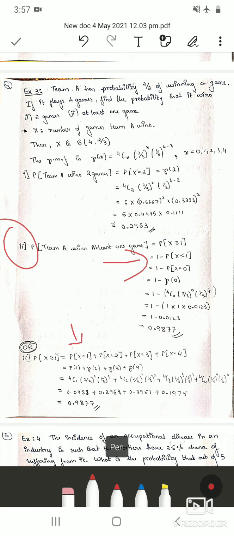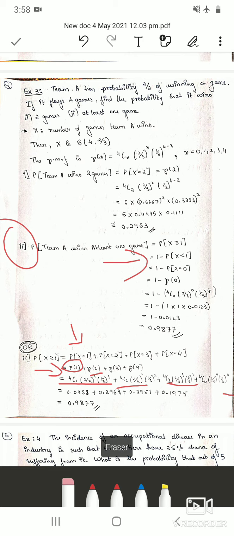So now we know probability of x equal to 1 is, you can write it as small p of 1. Similarly, for all the terms, you will get it as p of 1 plus p of 2 plus p of 3 plus p of 4. So for this, wherever x is there, substitute 1 in the PMF. For this, you have to substitute x equal to 2, x equal to 3 and x equal to 4.